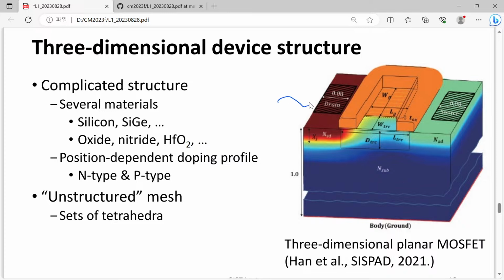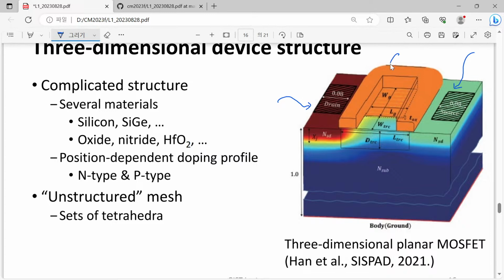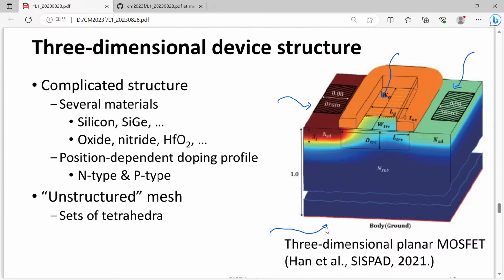Here we have a certain contact, here we have another contact, and also another contact, and here we have another contact. We have four contacts in this device, and in between there are many different structures. For example, here we have an extremely narrow gate oxide, and here we have also spacers.